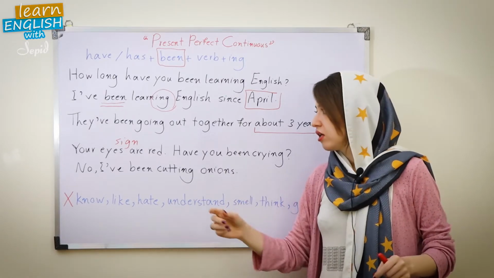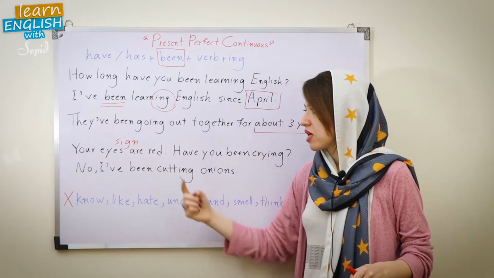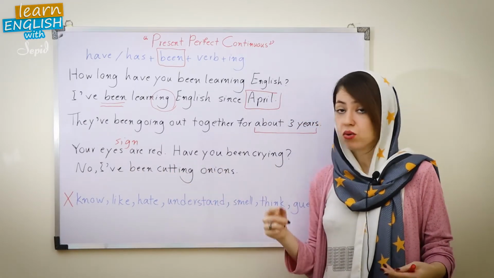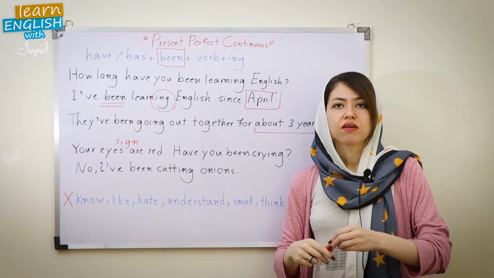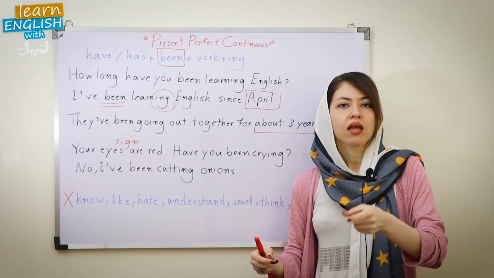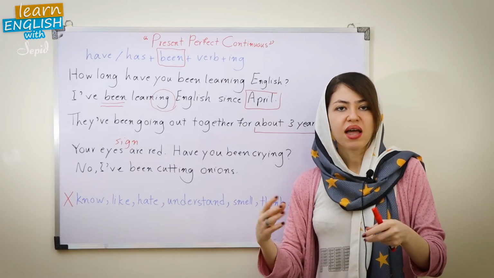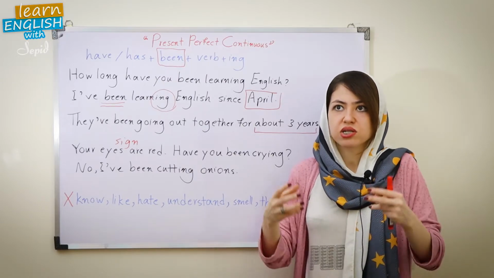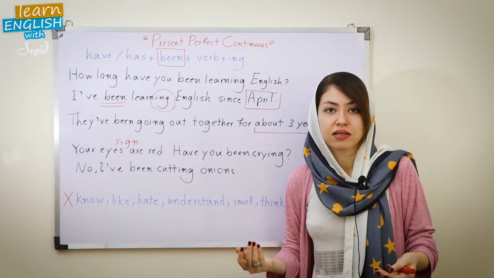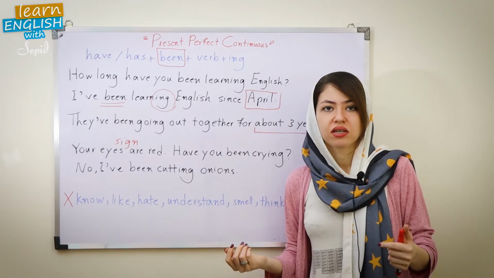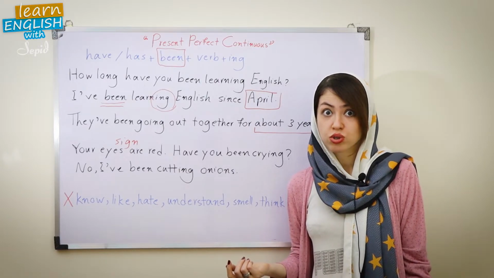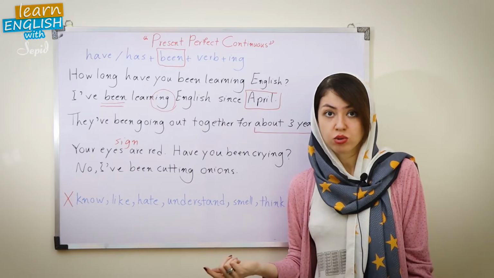So then you would say, for instance, your eyes are red. What have you been doing? Or, have you been crying? What else can we say? You notice that there is a pleasant smell in the house, and you would ask, have you been cleaning the house?